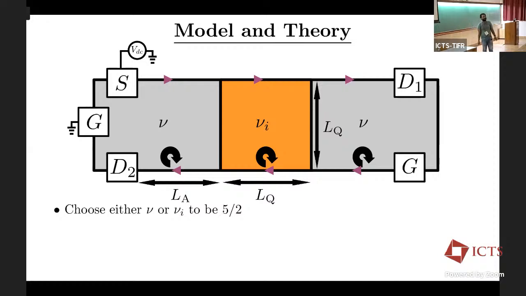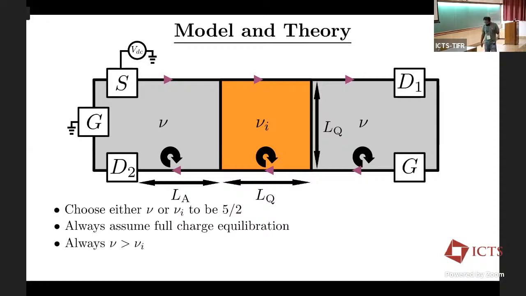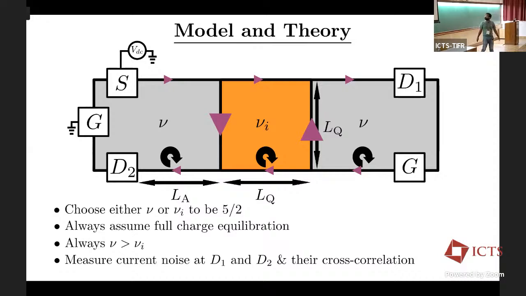That's the test. But I will always assume full charge equilibration, and I will always assume that nu is greater than nu I, which means not all the current that goes from here can go that way. Because nu is greater than nu I, the average current will go this way. If that happens, then I can measure the noise at D1 and D2.